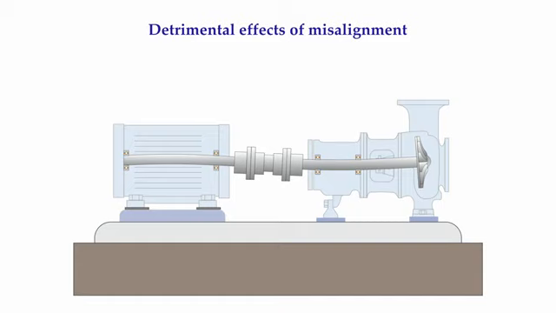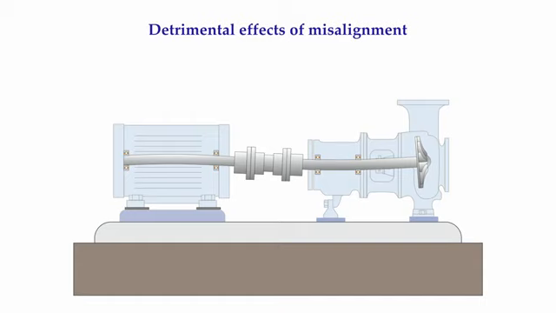Please do not misinterpret this drawing. The shafts are not permanently bent, they are just elastically bending. I understand that the flexible coupling is designed to flex to accept a slight to moderate misalignment condition, but there is a limit to the amount of misalignment a coupling can withstand.